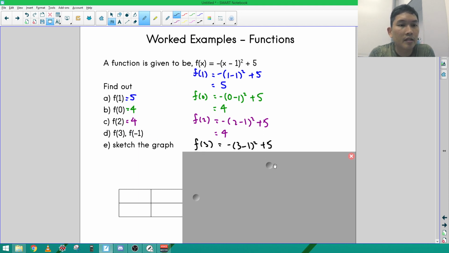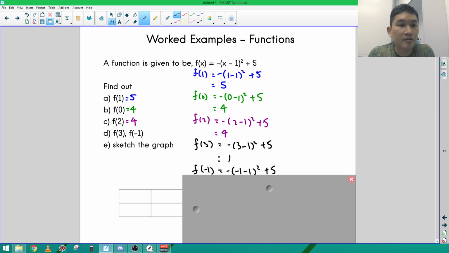F of 3 looks like this. Let's look inside the bracket. 3 minus 1 is 2. 2 squared is positive 4. Positive 4 times the negative sign outside becomes a negative 4. Negative 4 plus 5 is positive 1. So we have positive 1 here. And then let's also do f of negative 1.